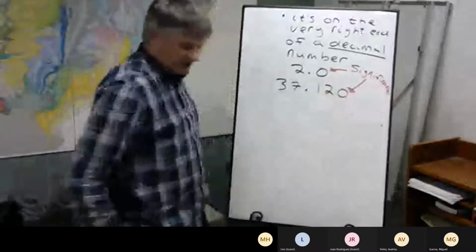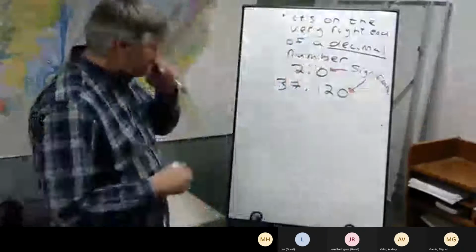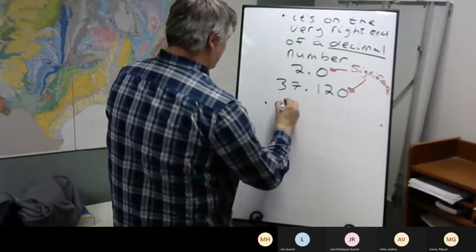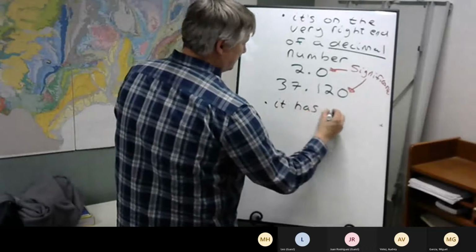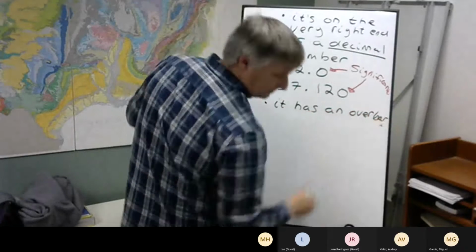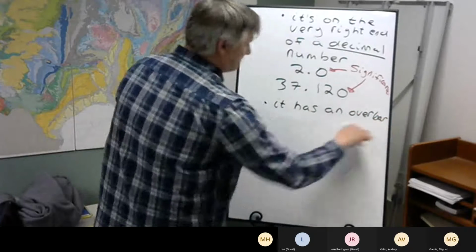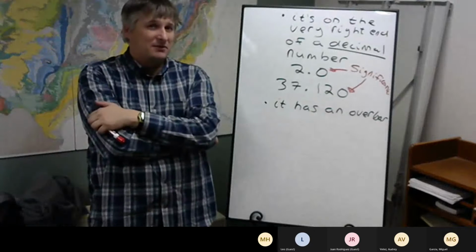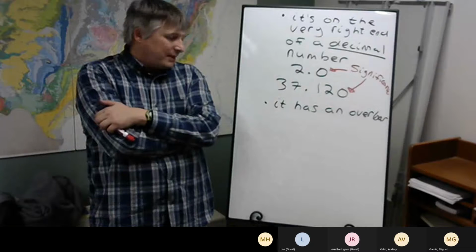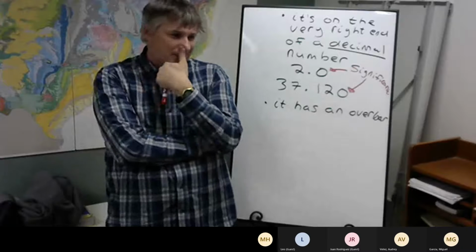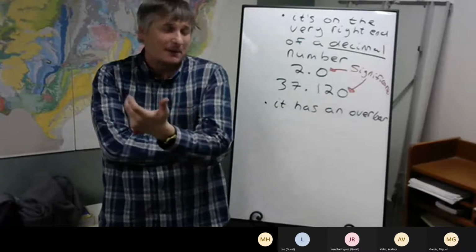Finally, there's a third one where we might kind of force the issue. If the zero has an overbar. See, that's two words, not one word. So if it has an overbar, it's going to be significant. And a place where you're going to see this most likely, because if zero is between two non-zero numbers, it's already significant. You don't need to put an overbar.